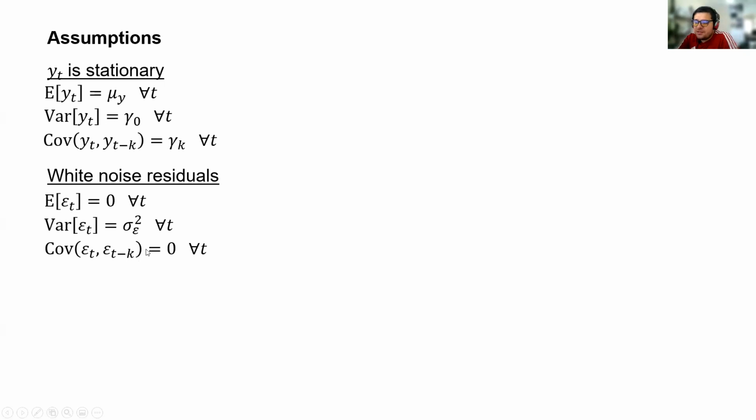All of those ETs, the variance of that will be a constant number that we're going to call sigma squared, something that we can actually estimate, right? And this third condition assumes that the errors at two different points in time are not serially correlated. Therefore, the covariance will be equal to 0.